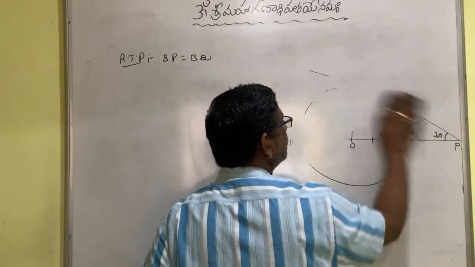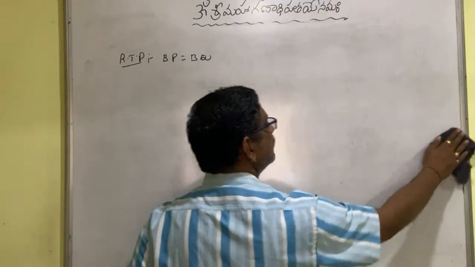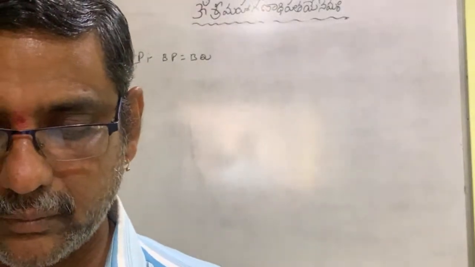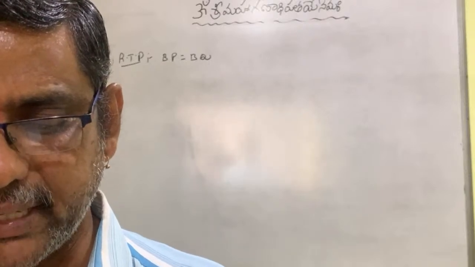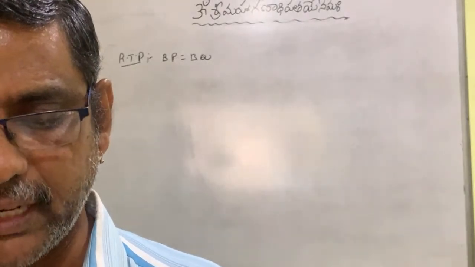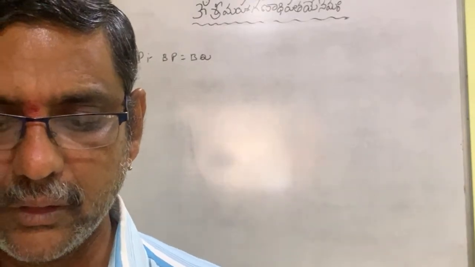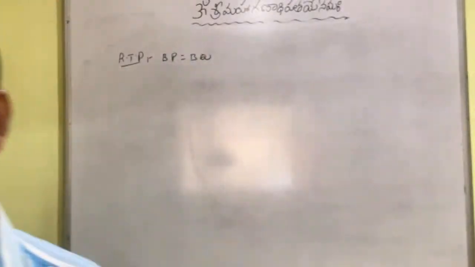Next question. In the given figure, AB, BC, CD, DA are tangents to a circle with center O forming a quadrilateral ABCD. Show that angle AOB plus angle COD is 180.